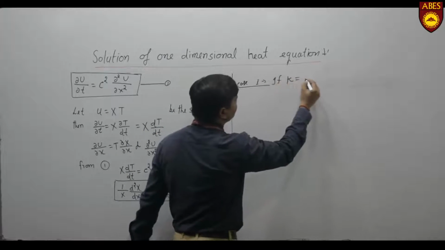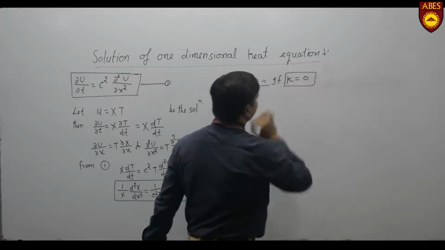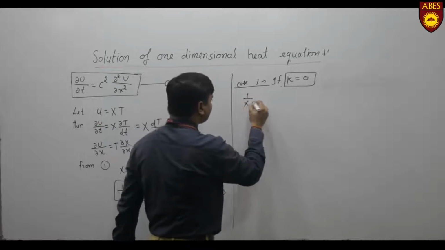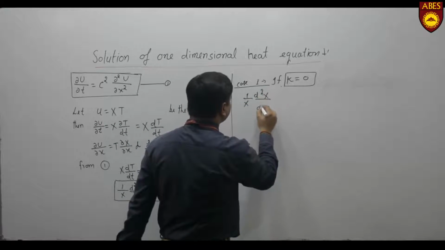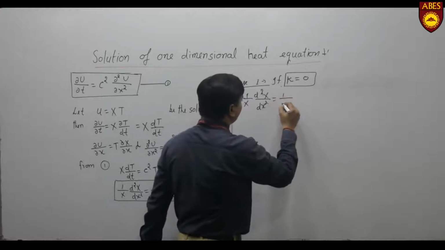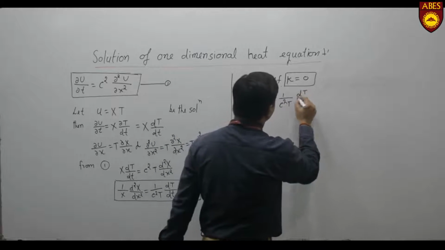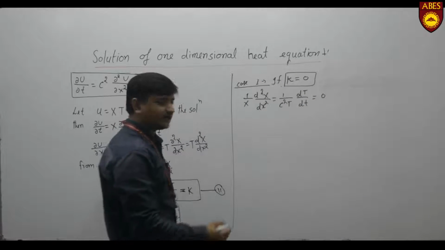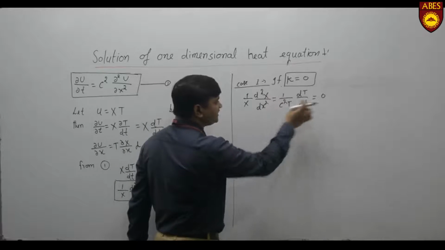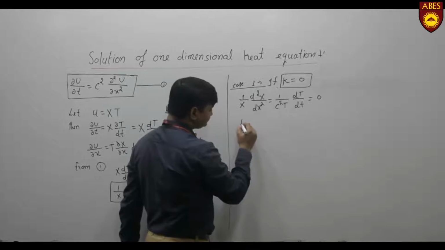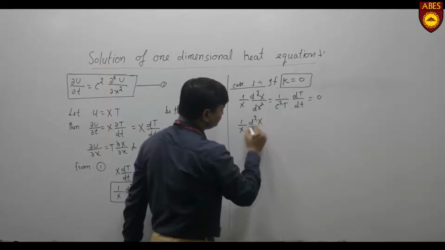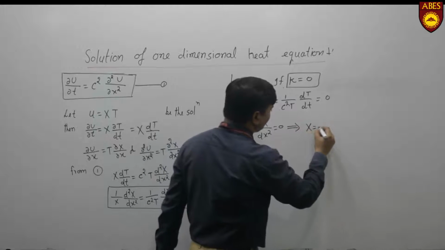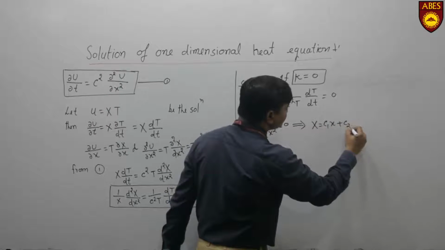If we are taking k equals to 0, then we get (1/X) d²X/dx² = (1/(c²T)) dT/dt = 0. Solving this equation, we get (1/X) d²X/dx² = 0, and it implies X = c1x + c2.